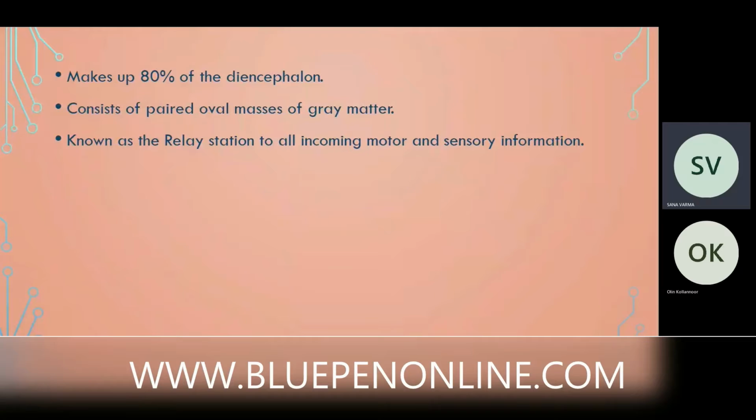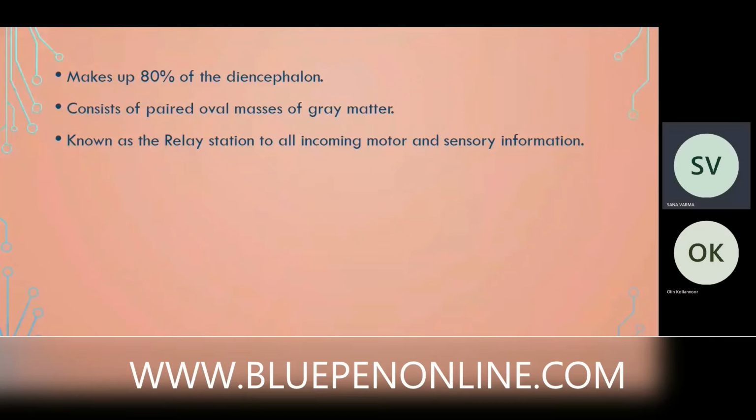Maybe the premotor, supplementary motor, or primary motor area, wherever it is, the information will pass through the thalamus and reach the respective areas in the cerebral cortex. So it is known as the relay station.